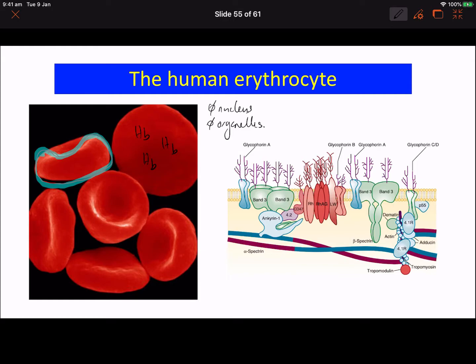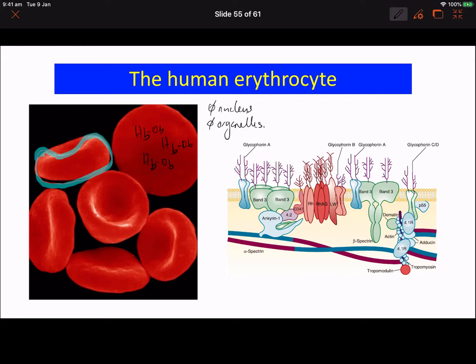The other thing to note is that because red cells need to absorb the oxygen that dissolves into the blood, for it to be loaded onto hemoglobin, it should have a high surface area to volume ratio. It should be exposed to as much blood as possible through its membrane.